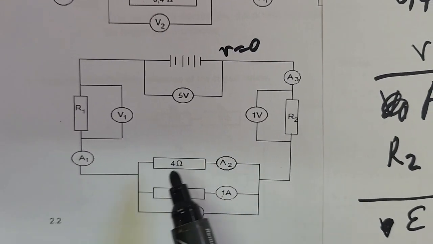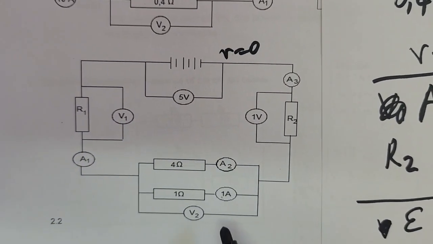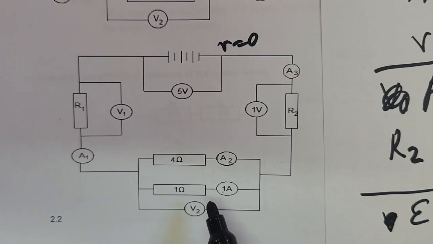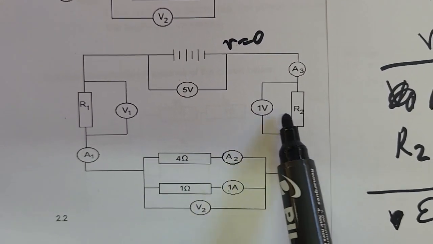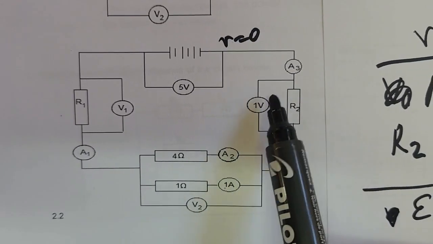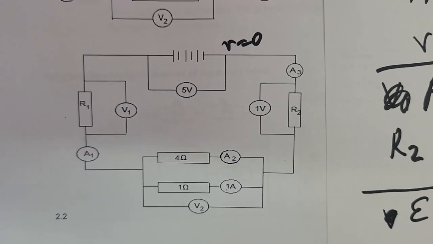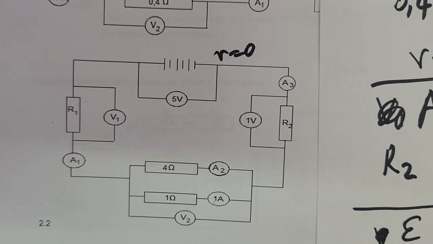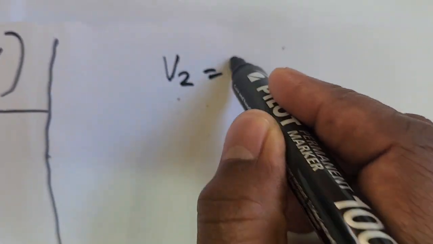According to this one, they are telling us that the A1 here is not known, and this also here. Oh, here is the hint now. So we don't know 2 here, we don't know the current, we don't know the resistance, we can't calculate. But here we know the current and resistance, therefore we can know V2. That's the first one. Therefore V2 in that circuit, V2 will be IR.